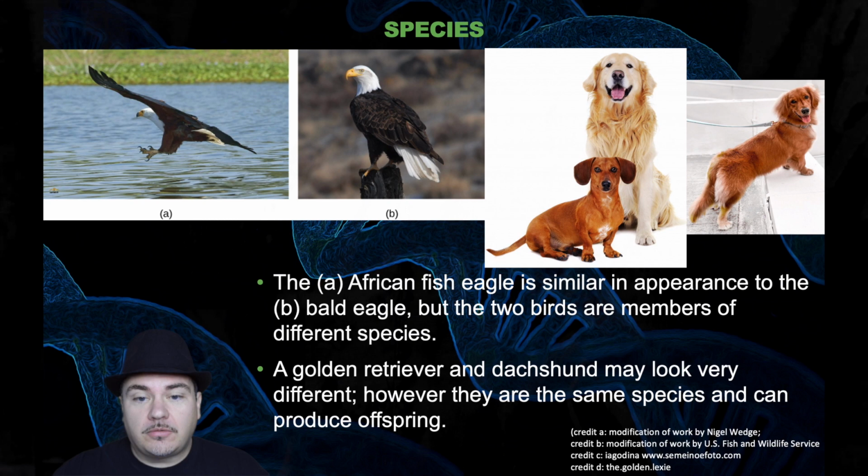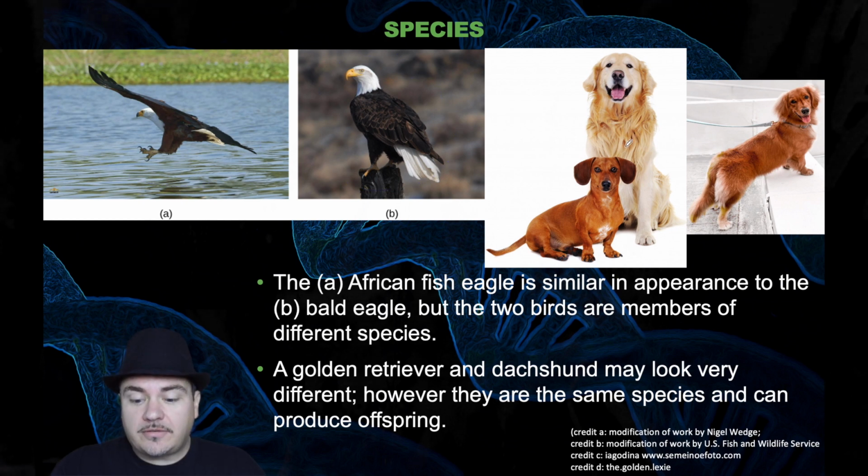So first, what makes something a species? How do we define what is a species? For example, if I just take a glance at these organisms, this bird and this bird look very similar to each other. Their structure is very similar, their appearance is very similar, but they're actually two different species.